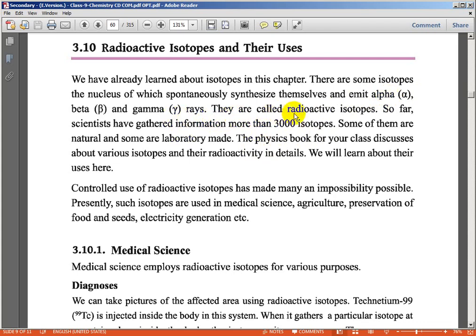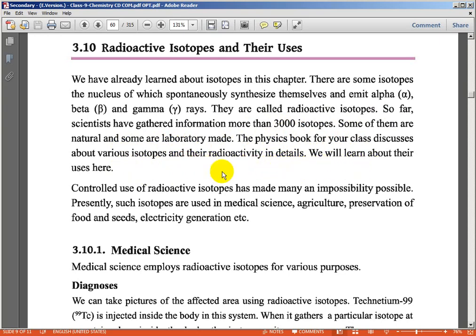These are called radioactive isotopes, which emit radiation spontaneously. So far scientists have gathered information on more than 3000 isotopes. Some are natural and some are laboratory made. Your physics books discuss various isotopes and their radioactivity in detail.